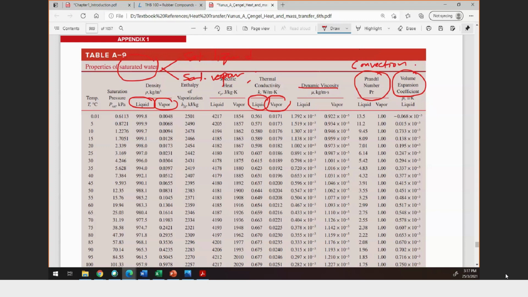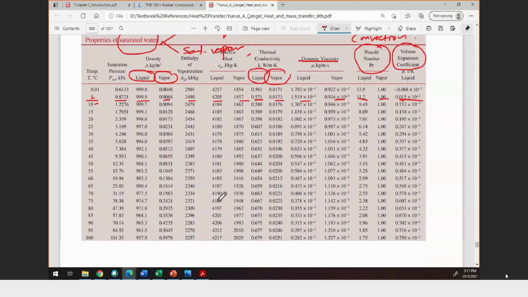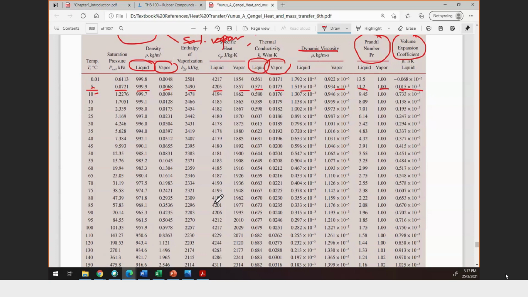So again, of course, you need to do the interpolation. The temperature at 5 and 10. So in order to find the properties at 7 or 8, you have to do the interpolation of these values. Okay, let's say you want to find that particular value. So interpolation is very common in heat transfer. Don't say that interpolation is only valid for thermodynamics. For heat transfer, you also need to do interpolation.